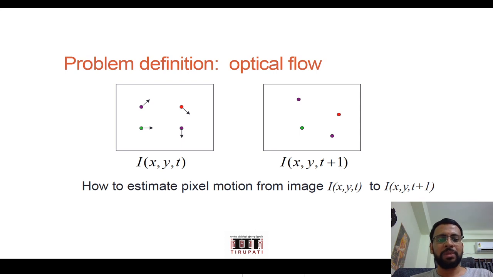At the t plus 1th time frame you have the second image. The goal is to understand where these pixels with different colors have moved. Some pixels could have the same color, like for example those on the diagonal.